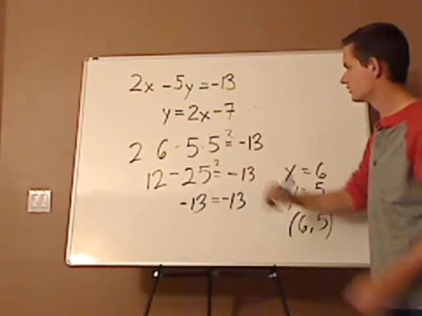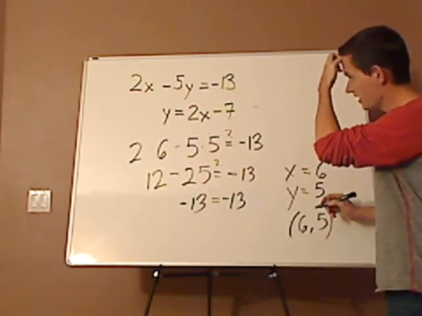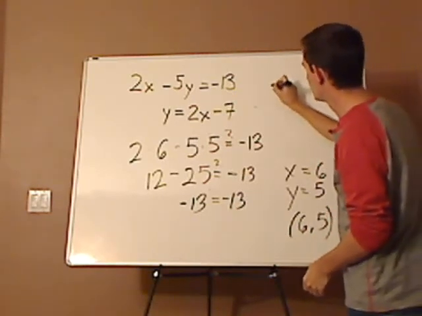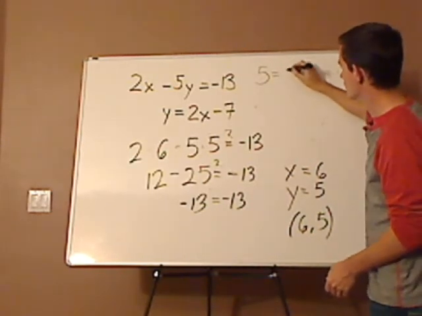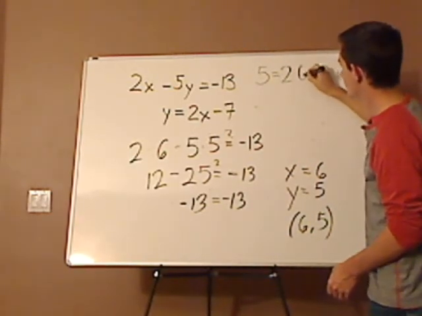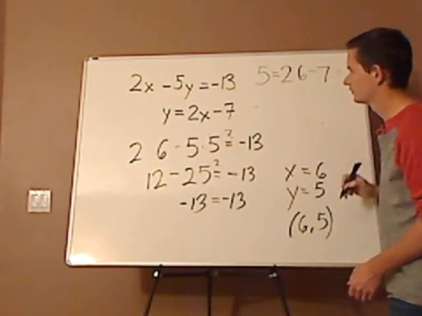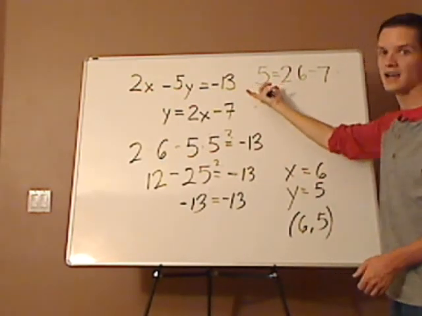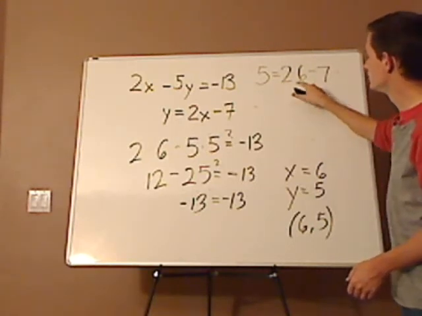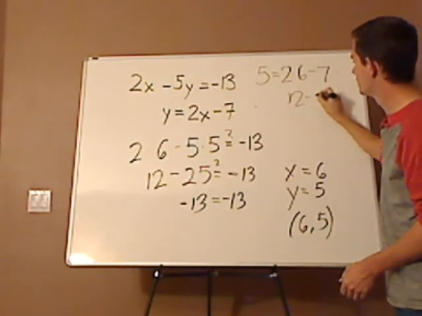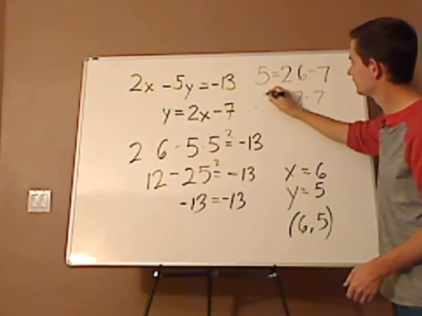All right, what about the other guy? Let's do it up here, if I have 5 equals 2 times 6 minus 7. Now, this side is already simplified, the 5. So then you do 2 times 6, which is 12, minus 7.